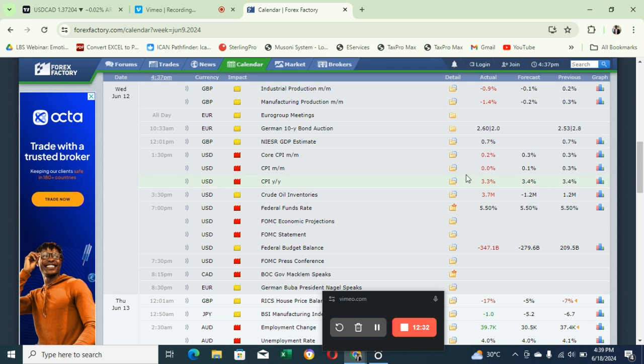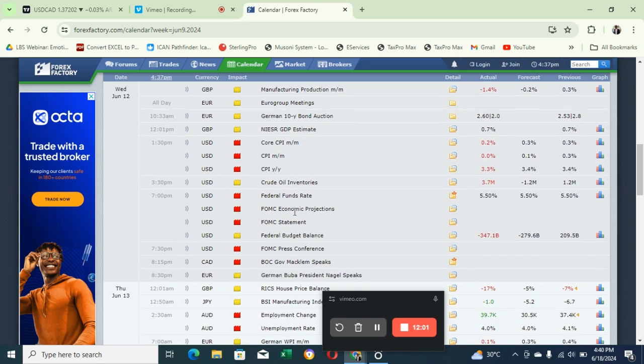The same news also happened here as well. That time you have a series of changes. It moved from 0 points to 3.3%, and the forecast was 3.4. So there was a reduction in the price of that particular currency pair.